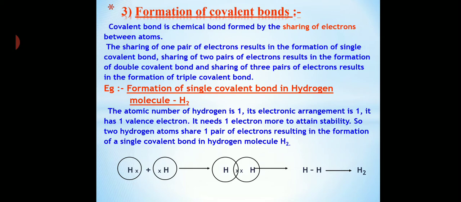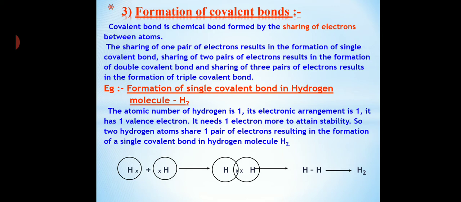Let us see that. The atomic number of hydrogen is 1. It is the topmost element in the periodic table. If you observe the periodic table, the first element is hydrogen. So its atomic number is 1 and its electronic arrangement is also 1.